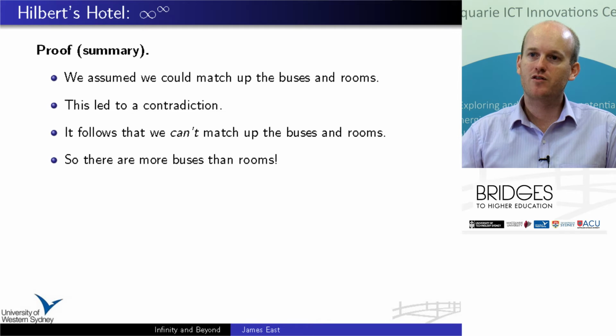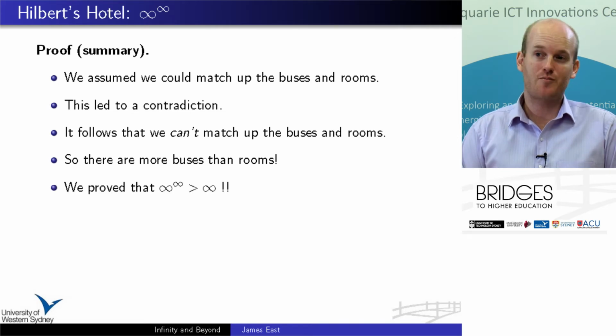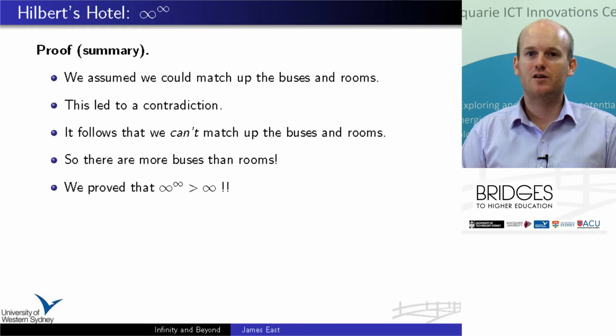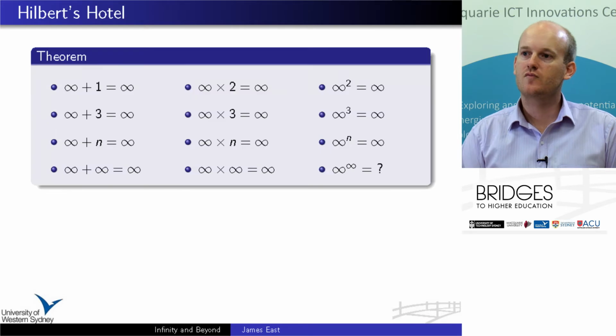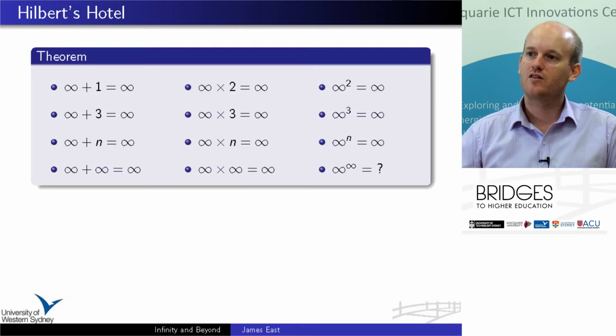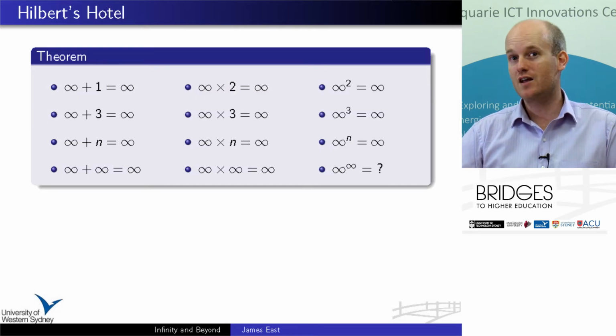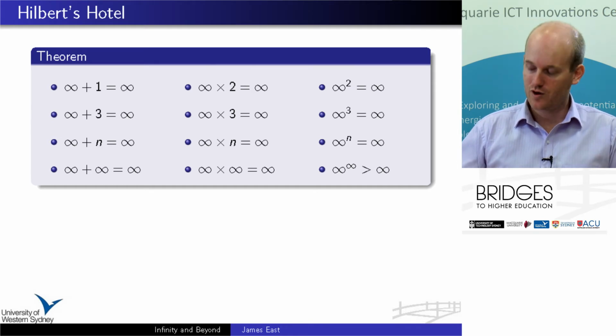Now, how many buses were there? There were infinity to the infinity, and that means that infinity to the infinity is bigger than infinity. All right? Let that sink in for just a minute. The answer to that question is that infinity to the infinity doesn't equal infinity. It's bigger than infinity, okay, whatever that might mean.